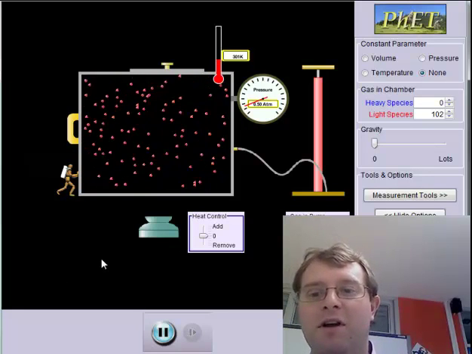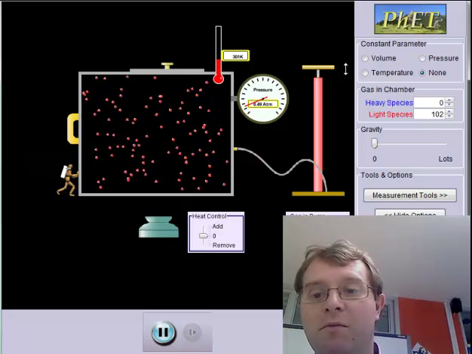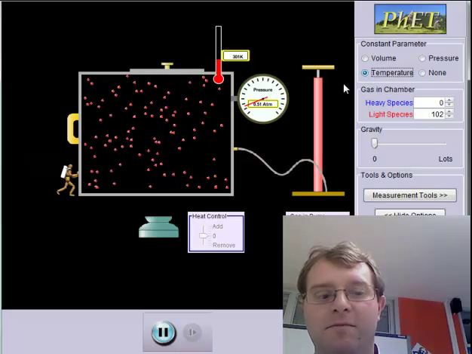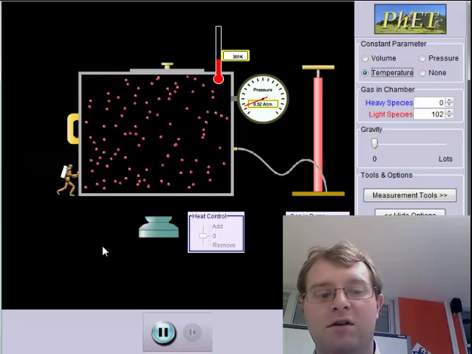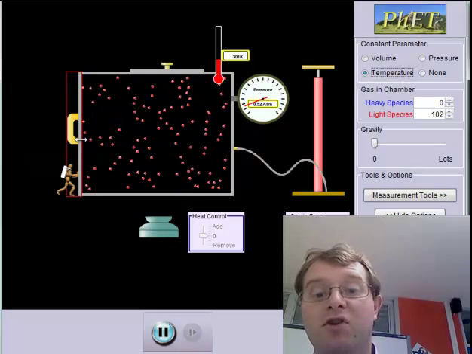Now, for considering Boyle's law, which looks at pressure and volume, I'm going to keep temperature at a constant. So I'm going to click temperature at a constant now there. What's said here is if I reduce the volume, the pressure increases.